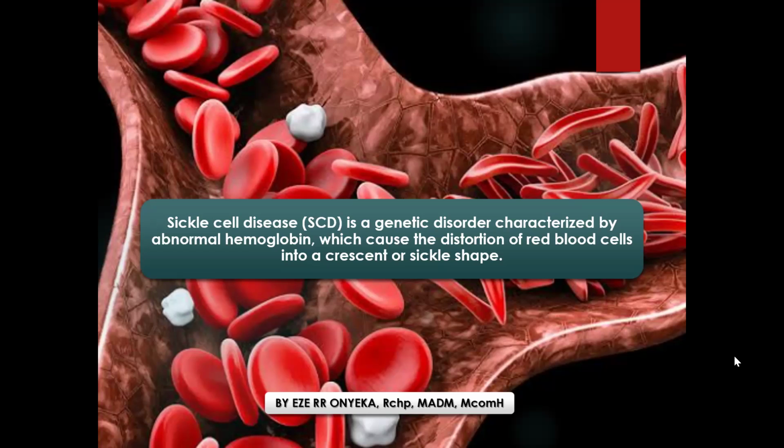We have 2 types of hemoglobin in human beings. We have the fetal hemoglobin. This is the type of hemoglobin that you find inside the fetus, when the fetus is inside the womb, and that type of hemoglobin has only 2 alpha chains and 2 gamma chains.